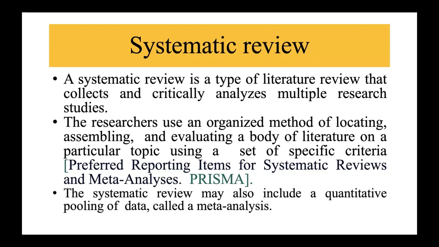If you simply review it, then it's called a systematic review. But if you quantify it from the pooling of the already done primary research, then it is called the meta-analysis.